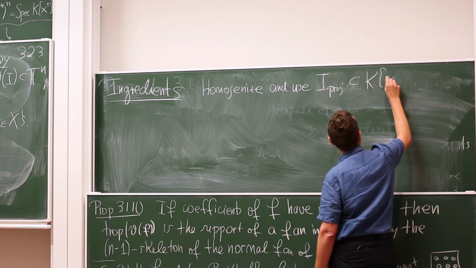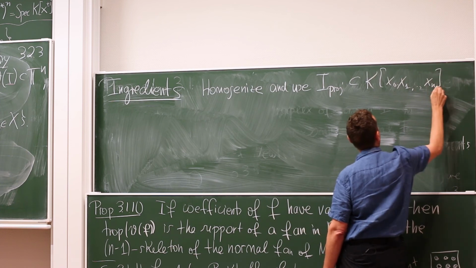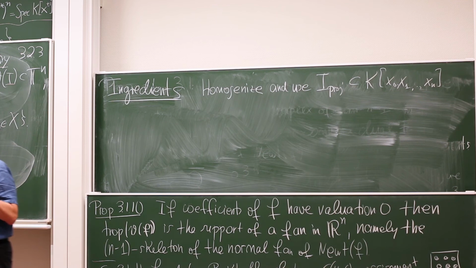So this is in K[x0, x1, up to xn]. The reason, as we've seen in section 2.4, is to have a nice Grobner theory, to have all the flatness you want, to have a nice Grobner complex that covers all of R^n, which is R^(n+1) mod R·1. So to have a nice Grobner complex that covers everything, it is convenient to work with homogeneous ideals. So we will work with homogeneous ideals.